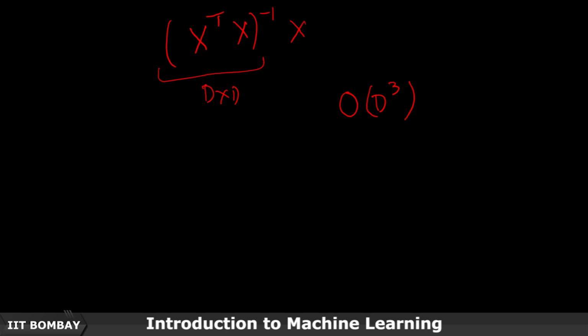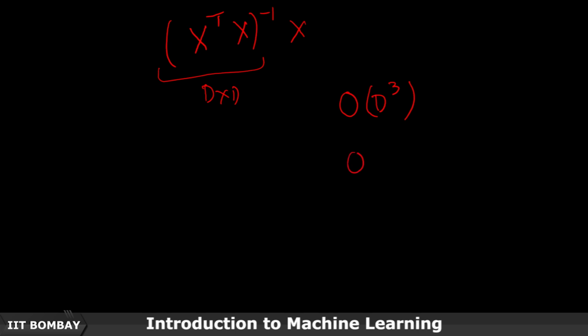Now if you have a very large dimensional matrix where d is, let us say, 10,000 or something along those lines, then order d cubed is a very expensive operation to conduct. Also it could be that the rank of the matrix is less than the full rank, and then you have numerical stability problems in inverting this matrix.